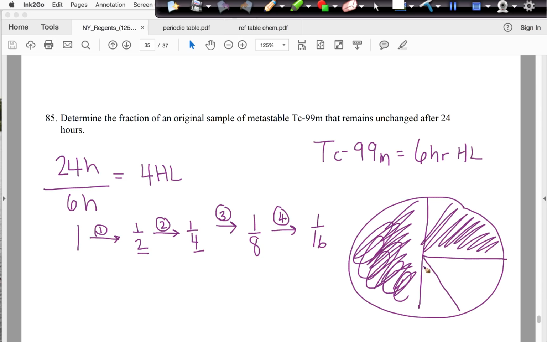After three half-lives, we have half of that fourth left, which is an eighth. And after four half-lives, we have half of that eighth left, which is a 16th. So it's 1/16 remaining.